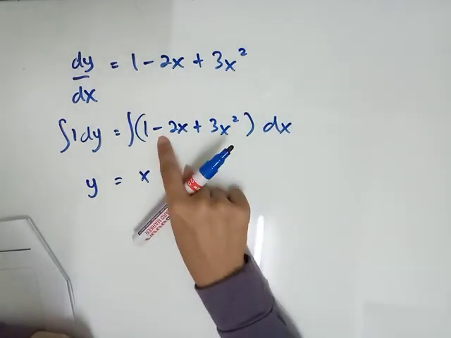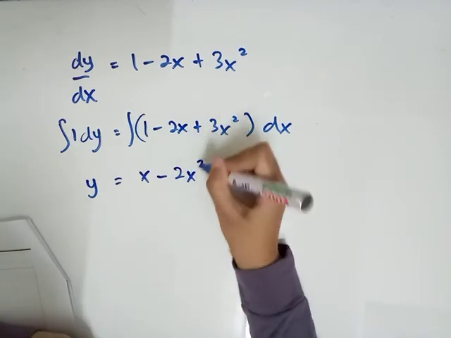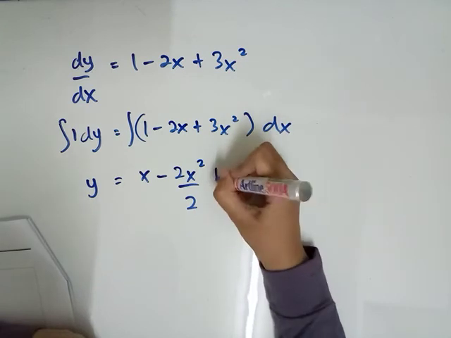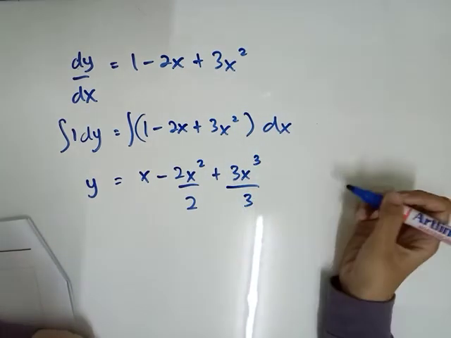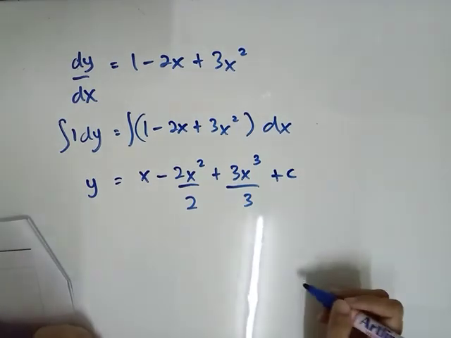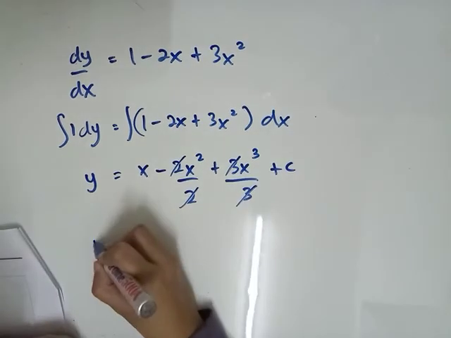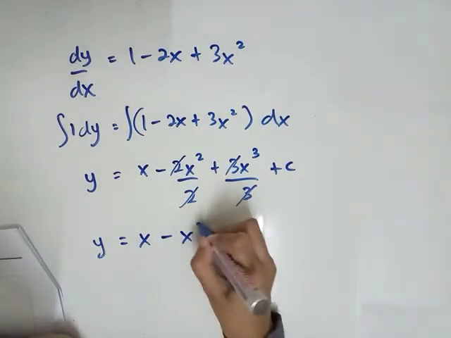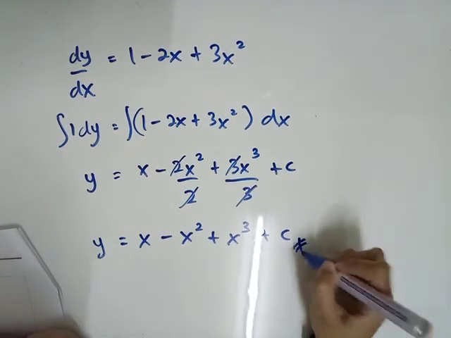And then, minus, integrate 2x, we get 2x power 2 divided by 2. Integrate 3x square, it is 3x cubed over 3 plus c. So, this one we can cancel out. So, the last answer would be y equals x minus x square plus x cubed plus c. So, this is the answer.